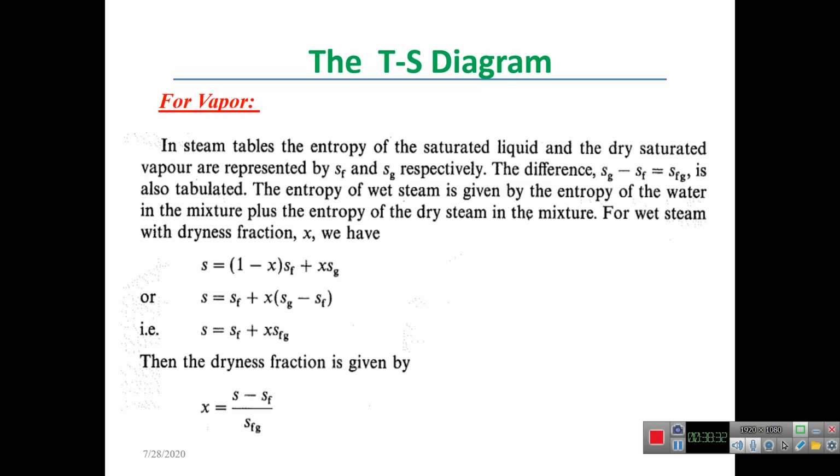It is also equal to (h minus hf) divided by hfg, equal to (u minus uf) divided by ufg, and equal to (v minus vf) divided by vfg, although in the case of v, we sometimes do some approximations, which we will see later on.